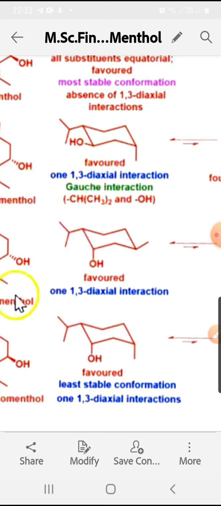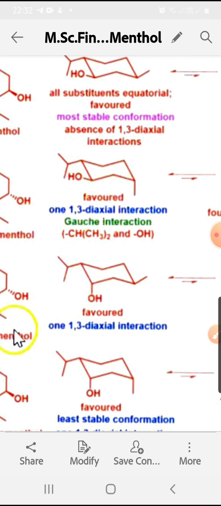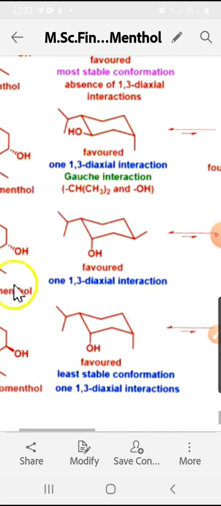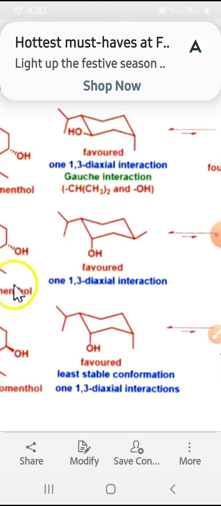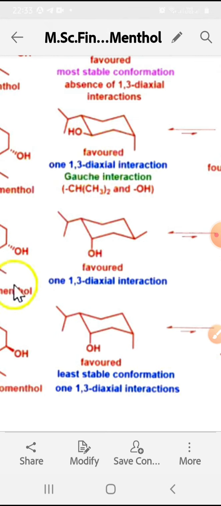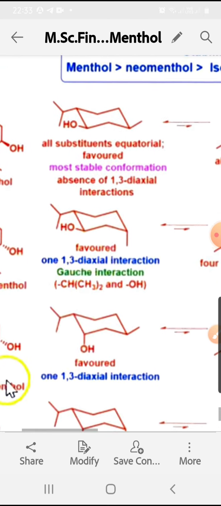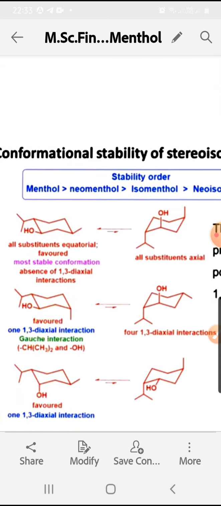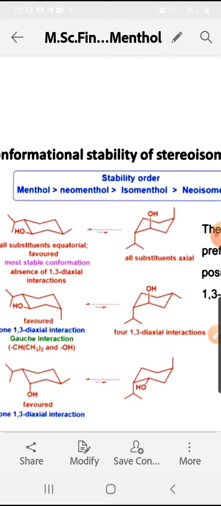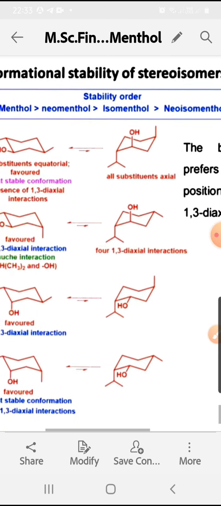As far as stability is concerned, menthol is most stable due to absence of 1,3 diaxial interaction. However, one gauche interaction is present. Neoisomenthol is least stable due to 1,3 diaxial interaction between two bulky substituents, the hydroxyl group and isopropyl group, present in axial position. Therefore, the stability order is: menthol is most stable, then neomenthol, then isomenthol, and neoisomenthol is the least stable.